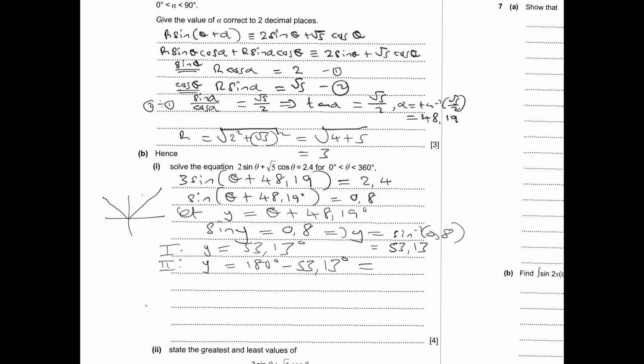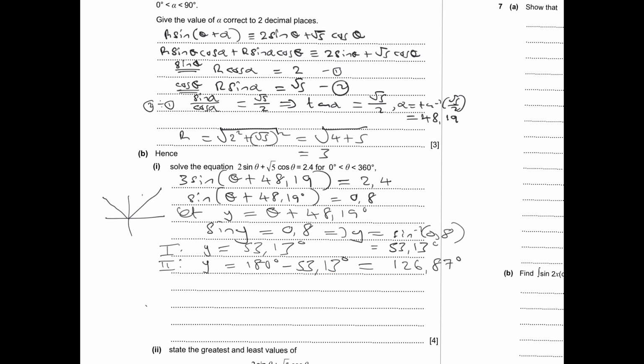That will give us 126.87. It is important here to make sure that the angles we give for now are taken to 2 decimal places. Even the key angle should be to 2 decimal places, because our final answers should be to 1 decimal place. So to cater for any error there, we need to make sure that we leave it to a higher degree of accuracy.